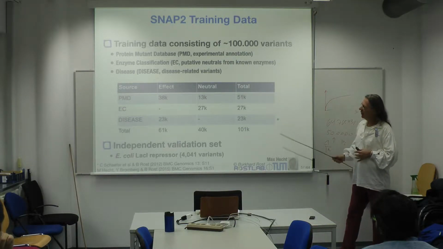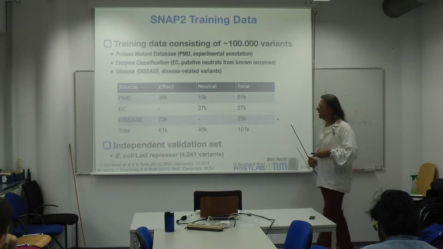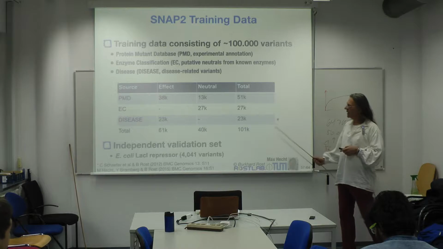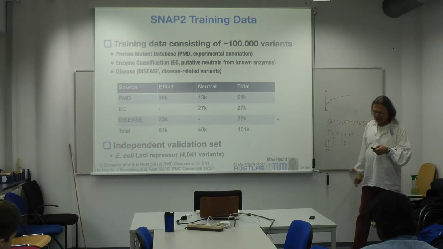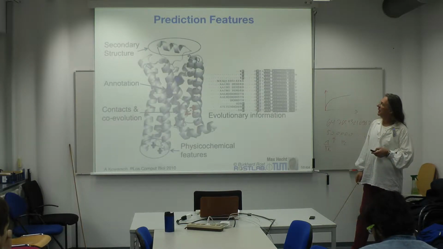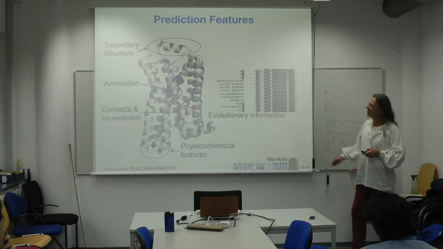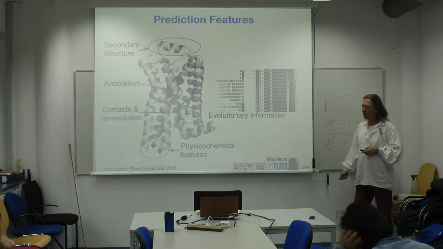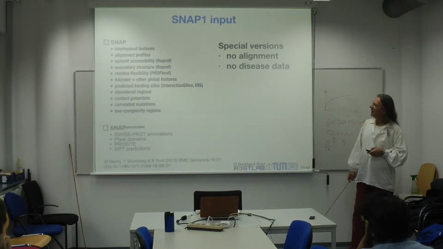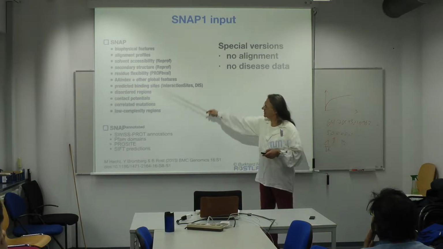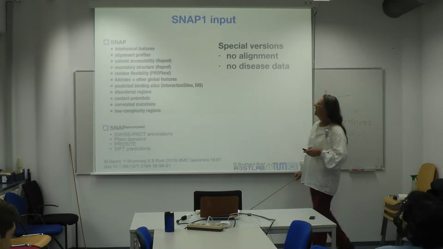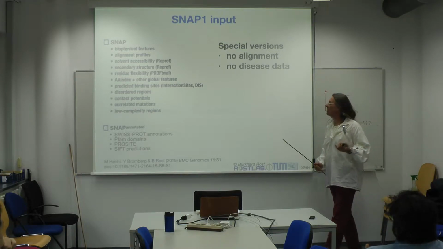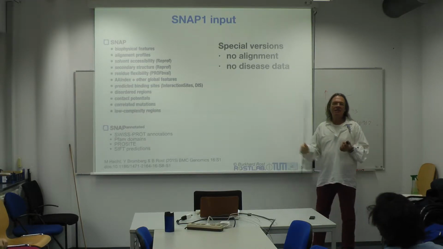He put in all kinds of additional input units, tried to increase the neutrals, the enzyme story, looked at additional independent data sets, looked at more input features such as coevolution, more physical chemical features. You see that the list of things that made a difference has increased here, and he put special versions in that actually don't use alignments at all, or that don't use disease data.